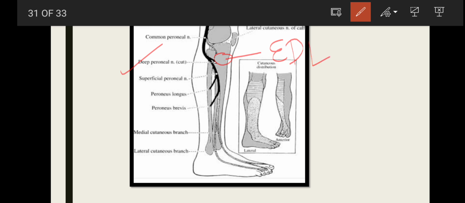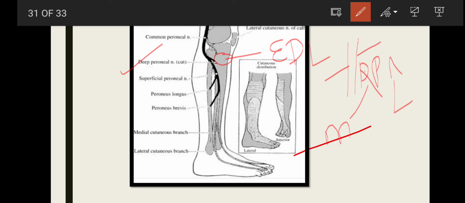Then it runs close along with the anterior tibial artery; they can be seen together. The deep peroneal nerve divides into medial and lateral terminal branches.